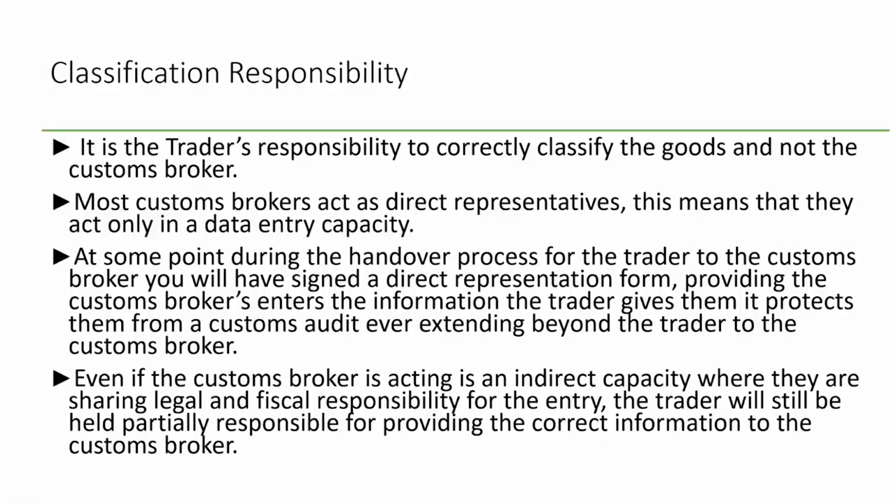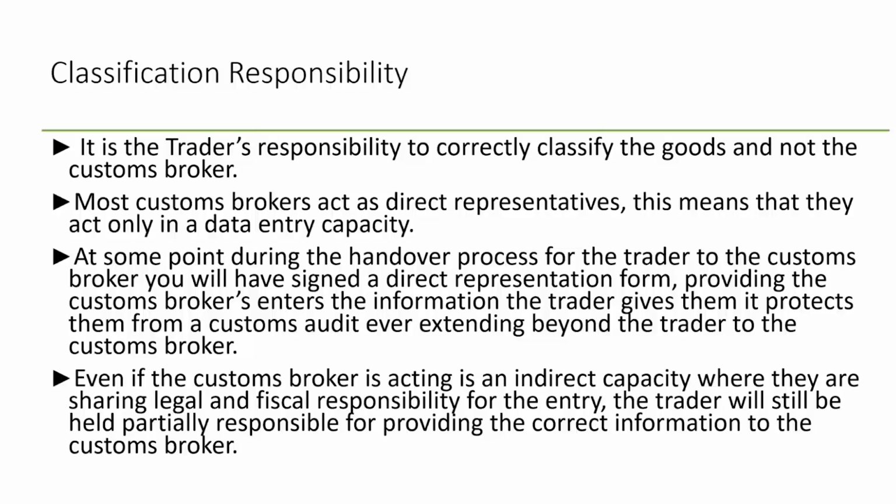In terms of classification, there's an awful lot of confusion where businesses think that my customs broker looks after all of that. It's not the responsibility of the customs broker to get the commodity code correct. The customs broker will usually have you sign something called a direct representation form.